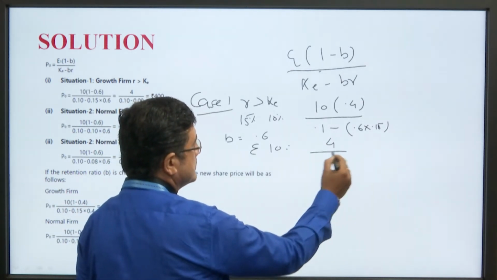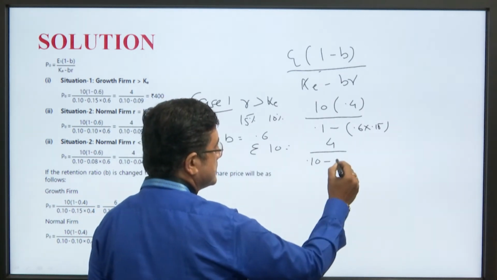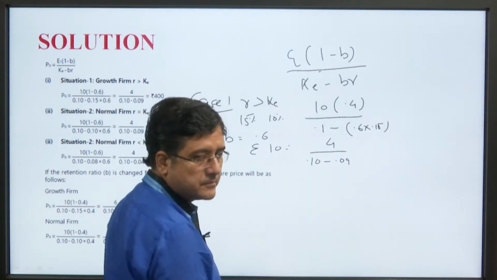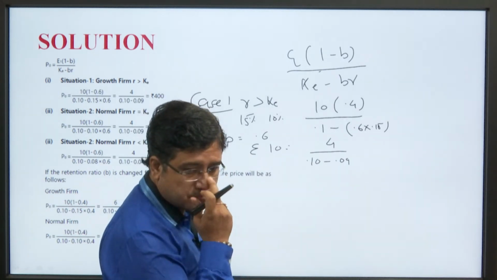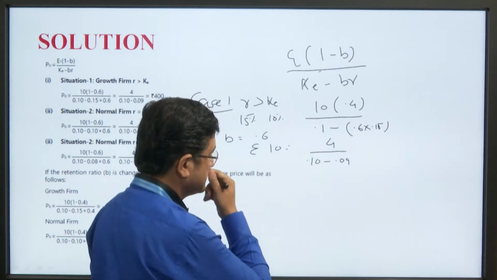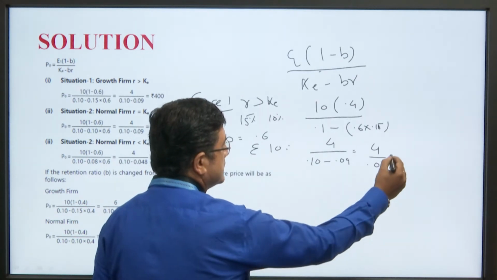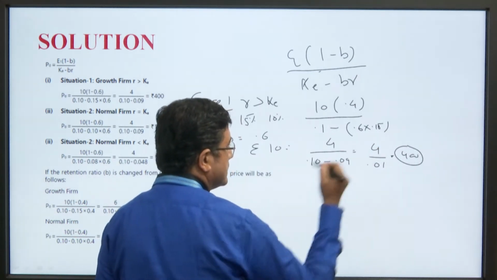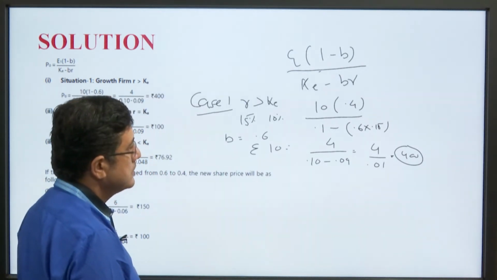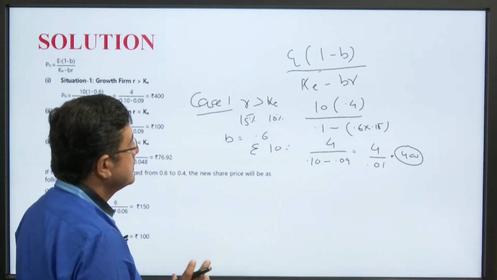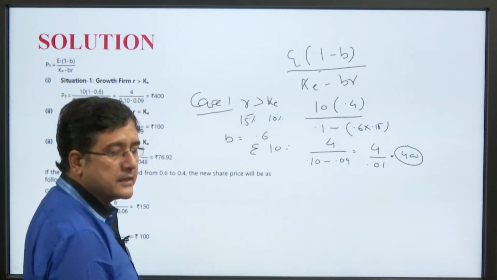This is 4 divided by 0.10 minus 0.09, 0.09. So, 4 divided by 0.01 equals 400. This is the value of the price when R is 15. Okay.